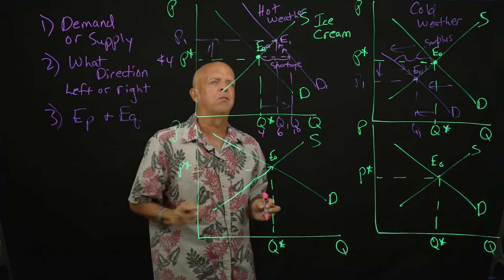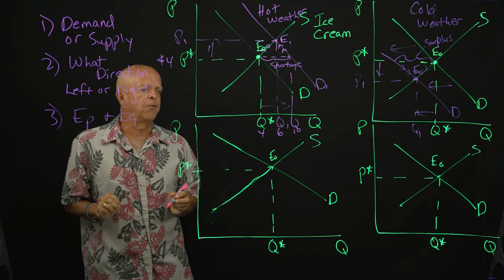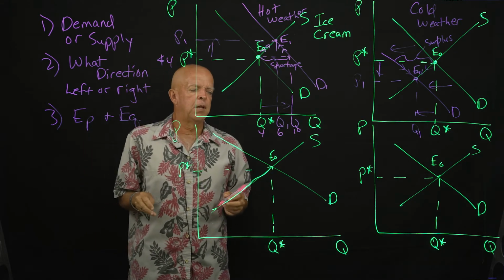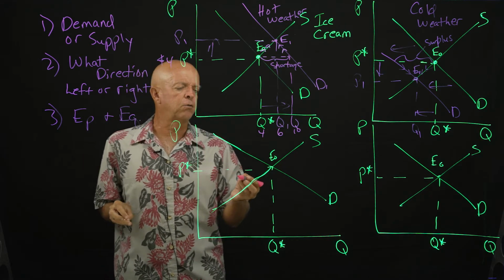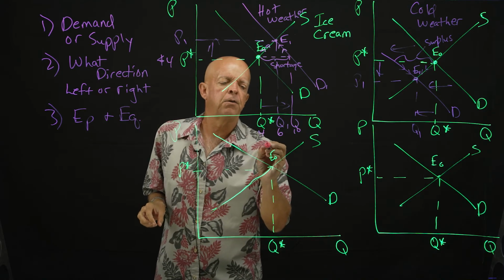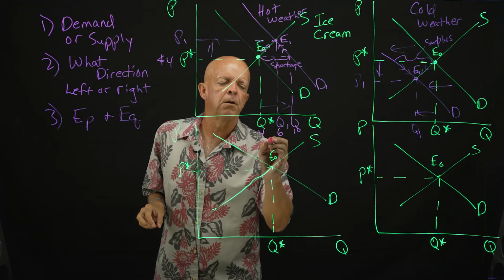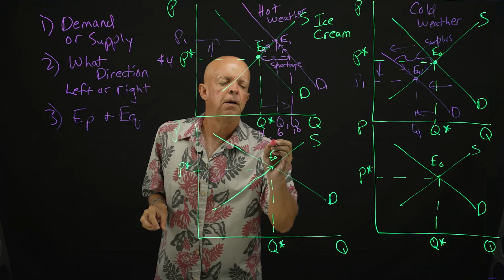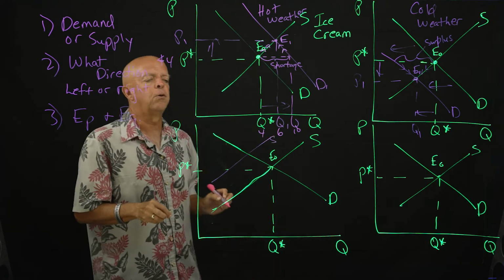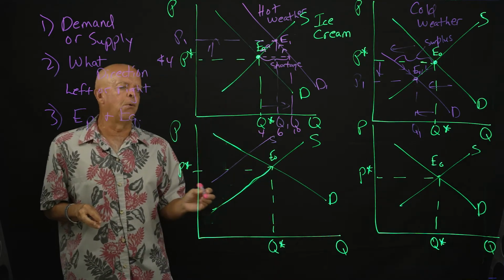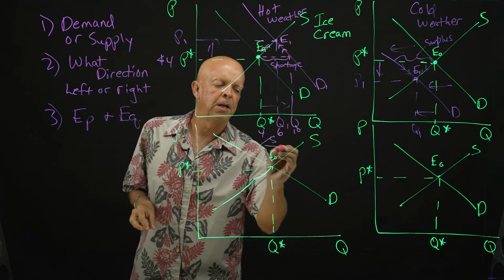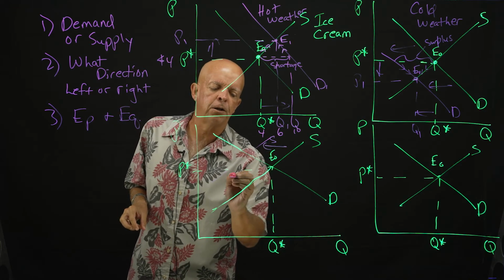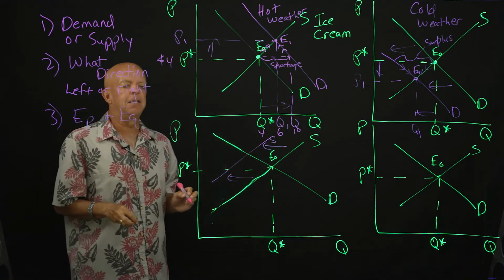Okay, our third case, again for ice cream. Let's go with what the book has described. Let's say there is an earthquake that destroys supply capacity for ice cream. We would have a shift of the supply curve to the left.